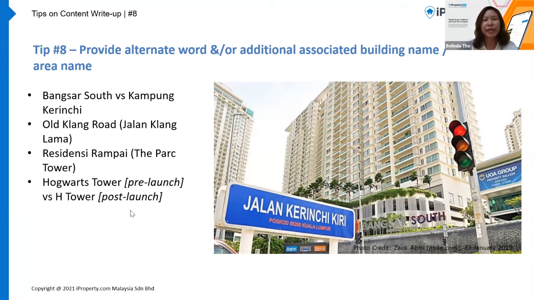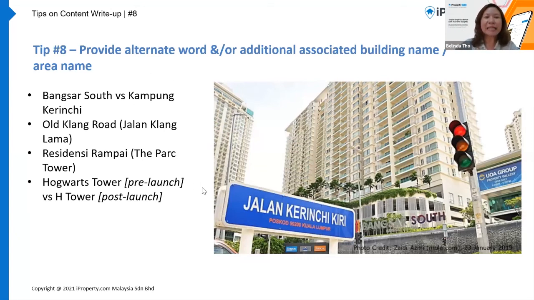And some properties have a pre-launch name and a post-launch name. So in order for you not to miss any of the potential buyers, please also include both names, be it the pre-launch or the post-launch name, in your description. Like this Hogwarts Tower versus this H Tower. After they launched, they changed the name to H Tower. Okay, great.